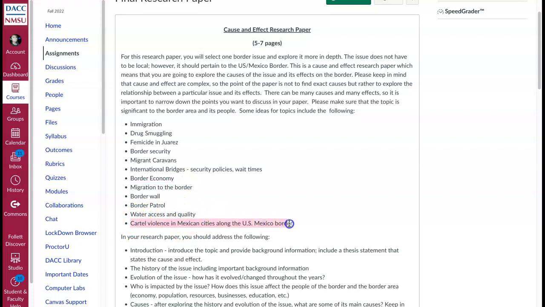Speaking of time frames, when it comes to the cartel violence in Mexican cities along the U.S. border, this again has been going on for a long time. It probably started getting bad during the 90s, and of course, it got really bad around 2008, and recently in August of 2022 we saw some more flare-ups with violence.